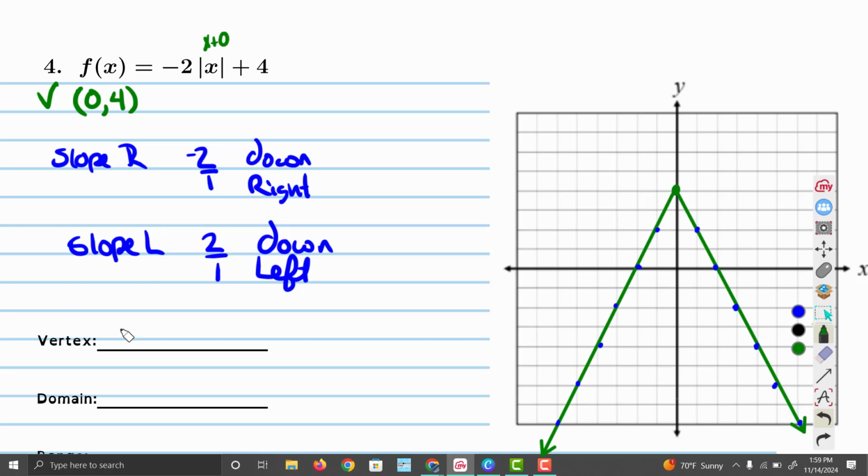So my vertex is at 0, 4. My domain is from -infinity to +infinity. And my range is my low, which is an arrow, to my high, which is at 4.